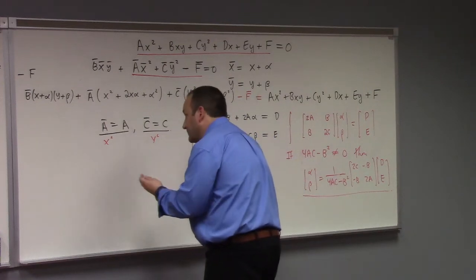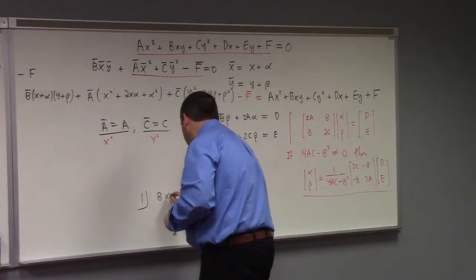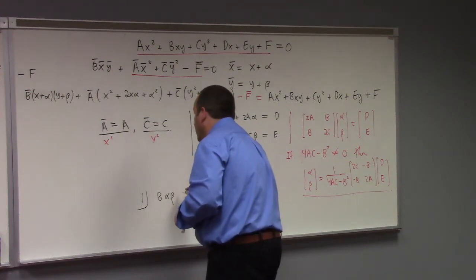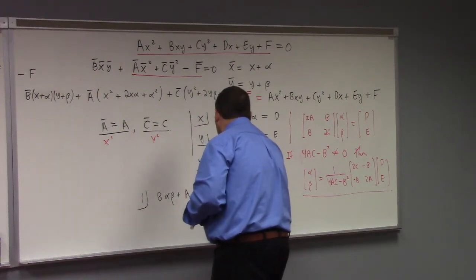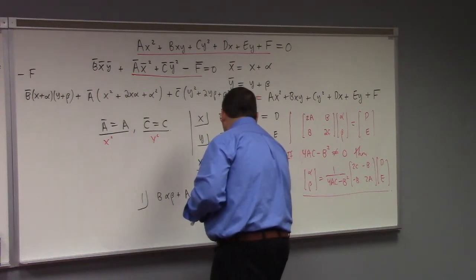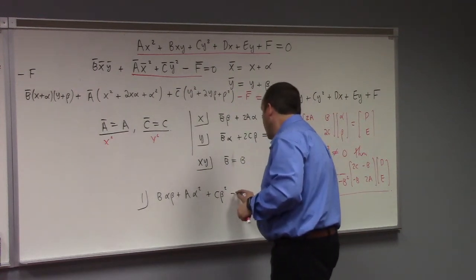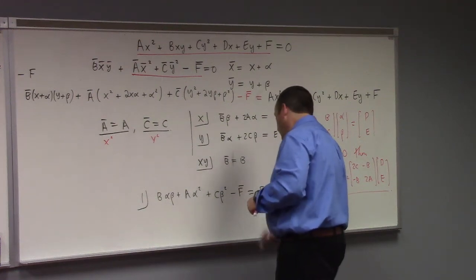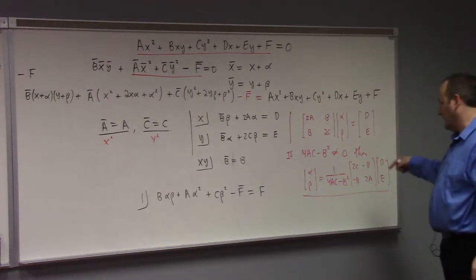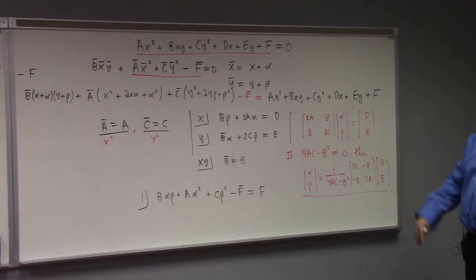It gives us that b alpha beta plus a alpha squared plus c beta squared minus f bar equals f. But again, given the condition that 4ac minus b squared is not equal to 0, it's straightforward to find f bar, and so we can rewrite the equation in this way.